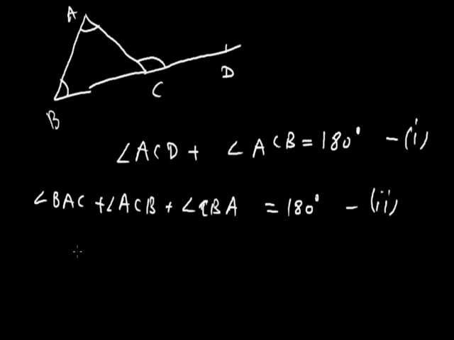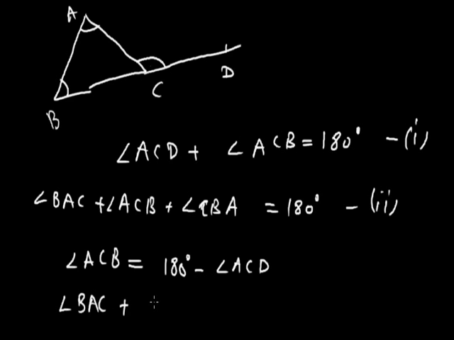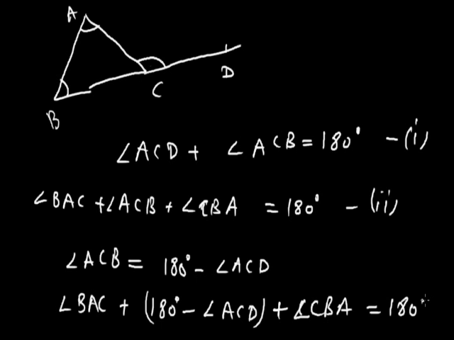So from the first equation I can write angle ACB, interior angle C, is equal to 180 degrees minus exterior angle C, which is angle ACD. Putting this value of angle ACB from equation first into equation second, I'll get angle BAC plus 180 degrees minus angle ACD plus angle CBA is equal to 180 degrees.